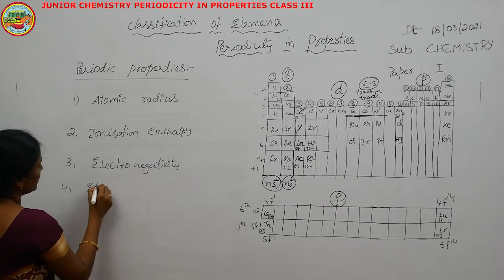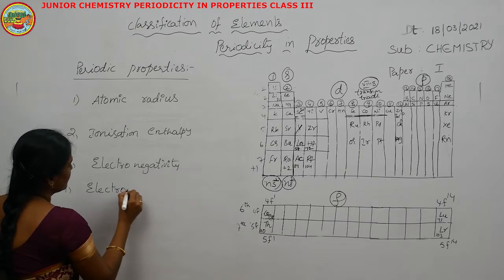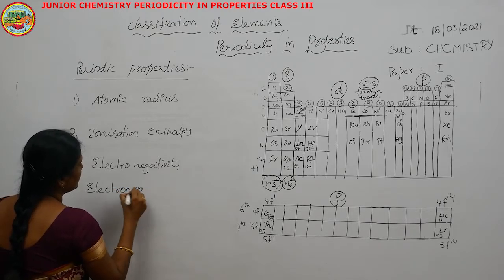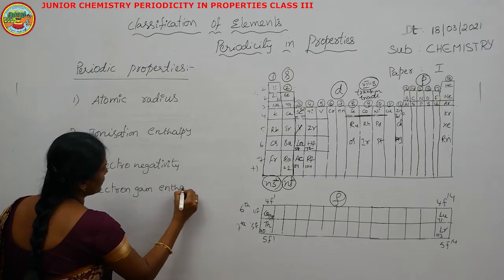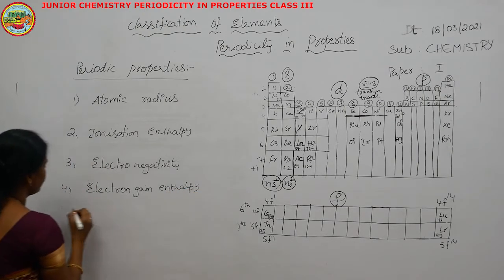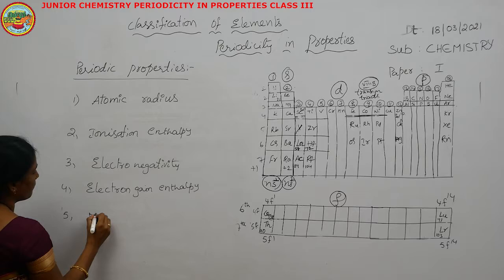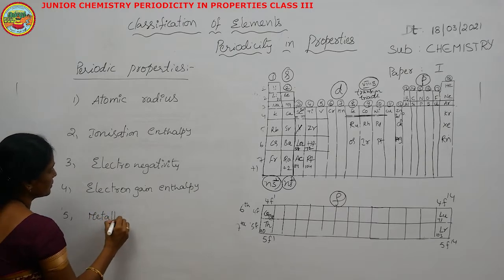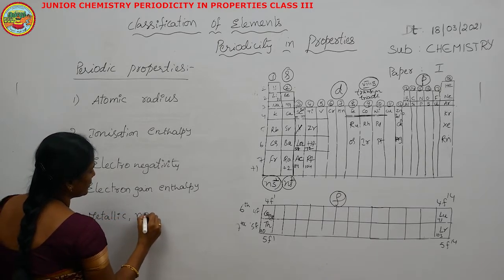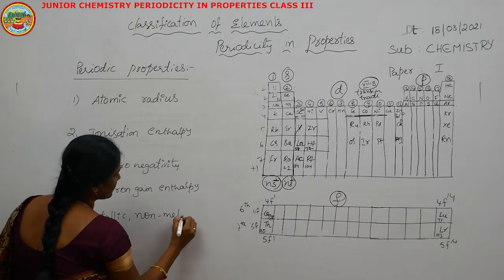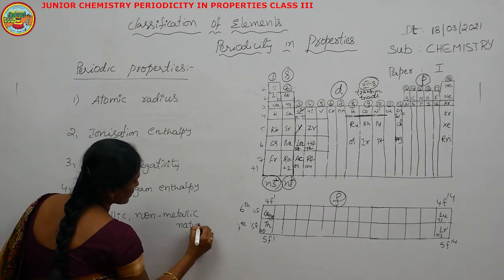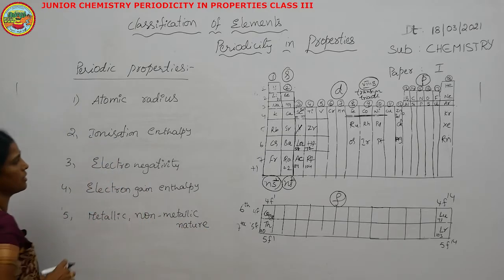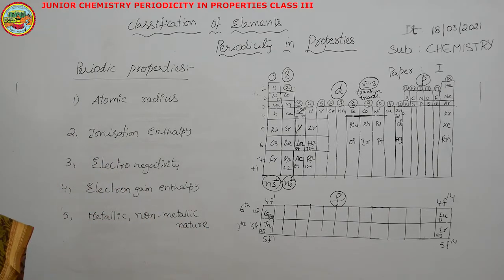Then electron gain enthalpy. And then metallic and non-metallic nature. These are the properties called periodic properties.